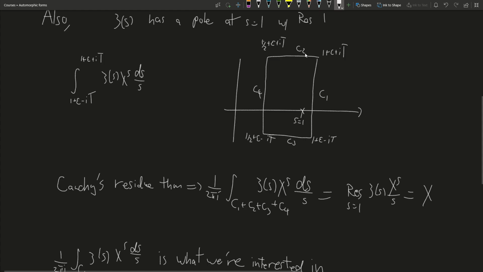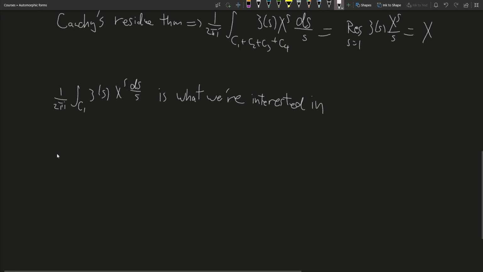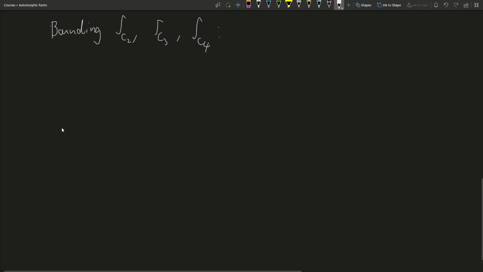So our task now is going to be bounding the integrals along C2, C3, and C4. So let's do that. For C2 and C3, recall the convexity bound.